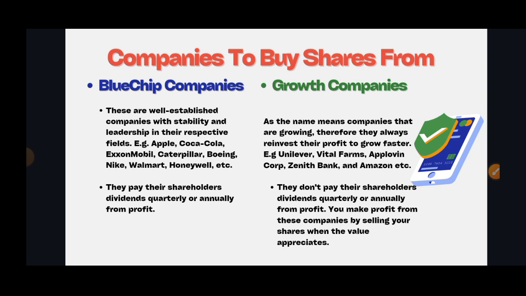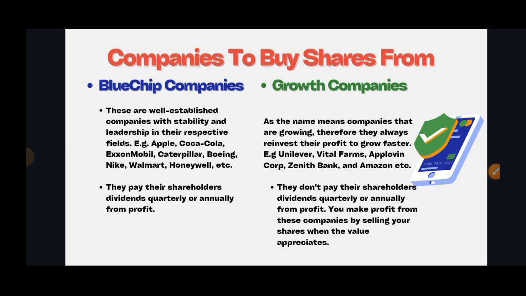Another category of companies you can buy shares from are called growth companies. As the name means, these companies are growing, therefore they are always reinvesting their profits to grow faster. They are not well established, so they still need more money to reinvest.